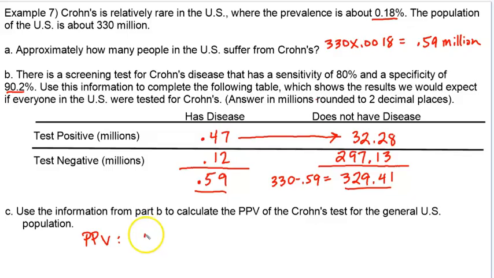We would say 0.47 divided by the sum of these two numbers, 32.28 plus 0.47, that's 32.75. And as a percent to one decimal place, that would be 1.4%. Okay, so there is our answer for example number 7.